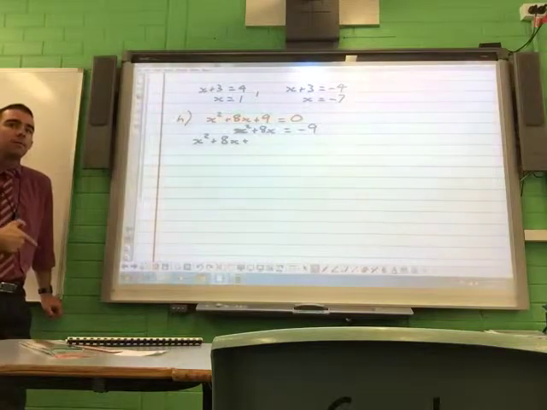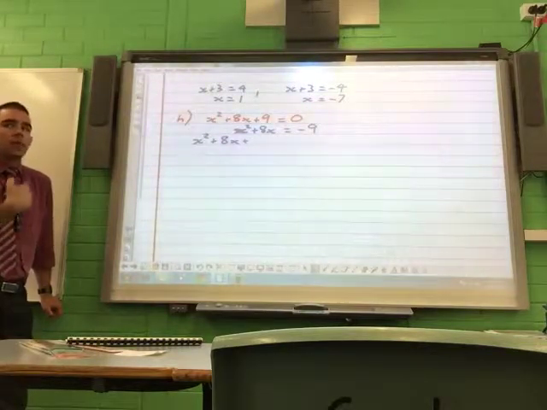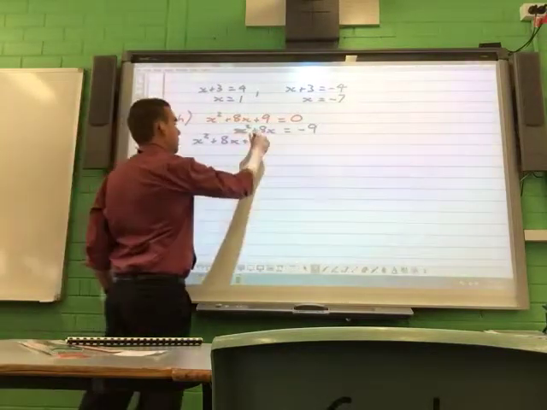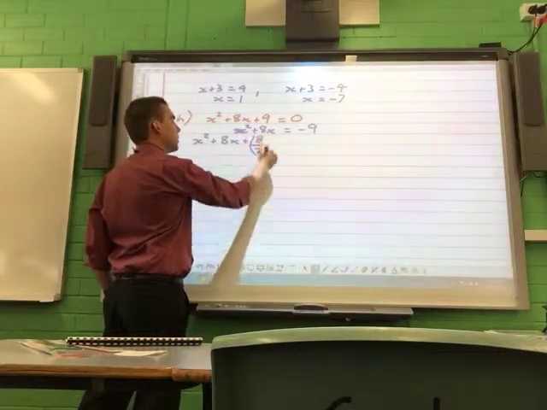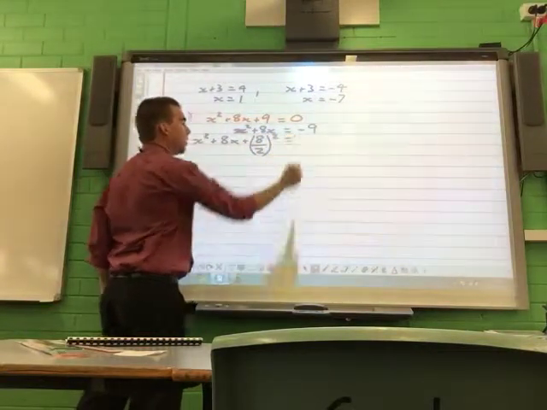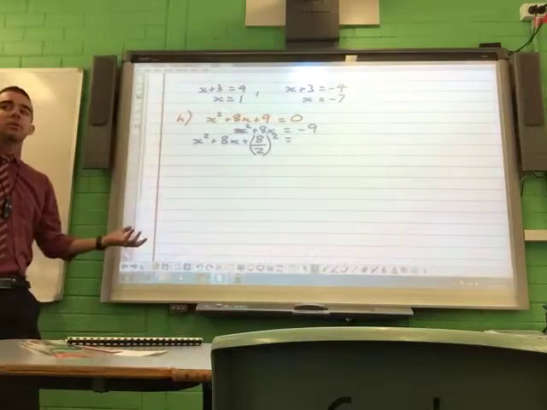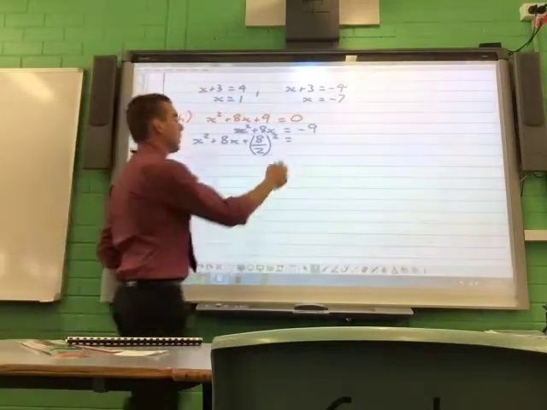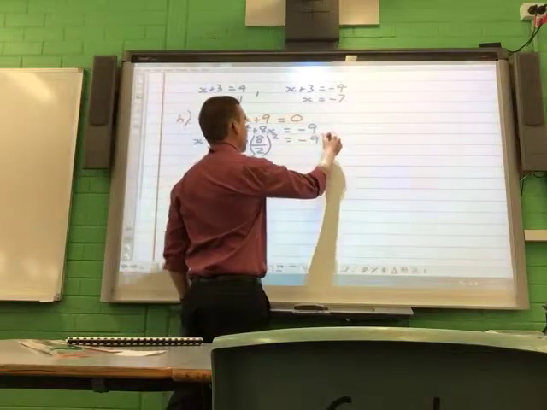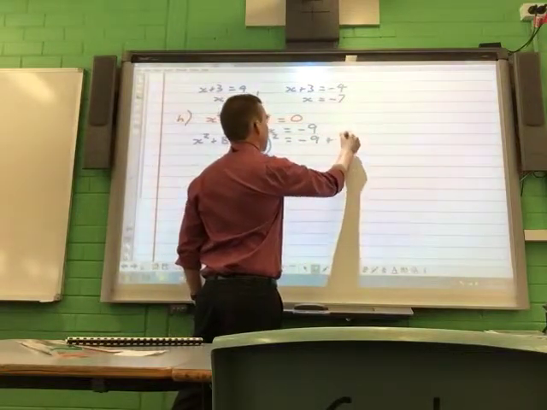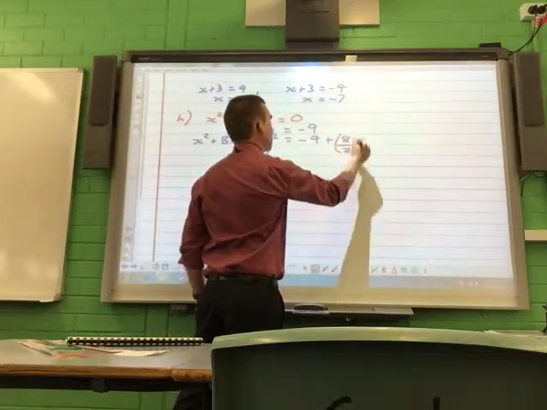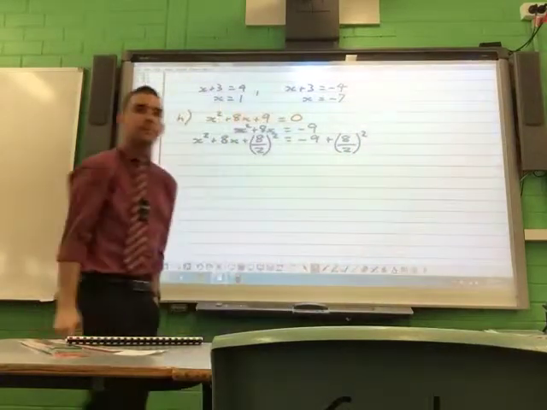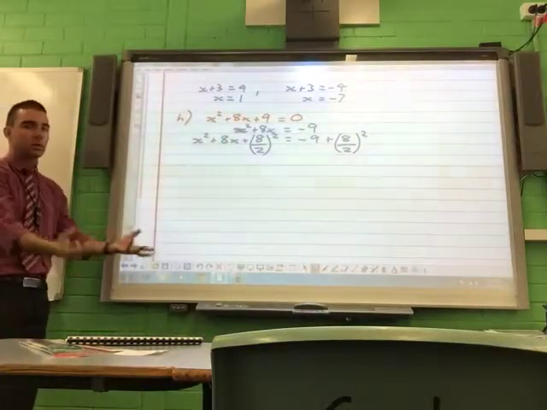You need to half the coefficient of x and then square it. So 8 over 2, square the result. And because I've added it to the left-hand side of the equal sign, I need to do the same to the right-hand side. Negative 9 plus 8 over 2 all squared. So I've included those on both sides.